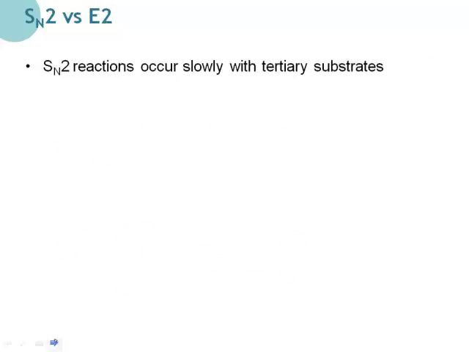So you may remember that SN2 reactions occur very slowly with tertiary substrates. So if we have this species, you remember that if a nucleophile wants to attack from the backside, it is going to be very sterically hindered, and this reaction is not going to proceed very quickly at all.